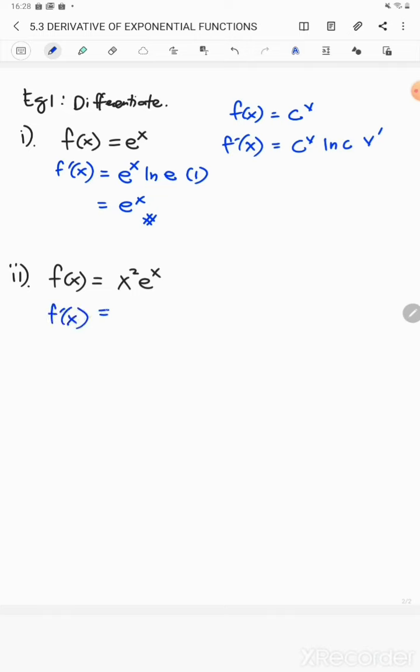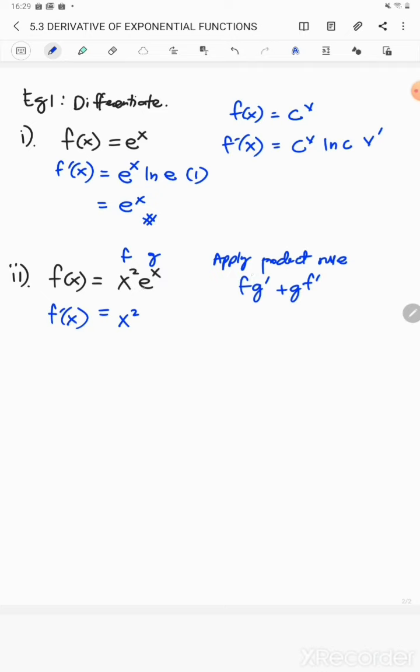f prime x equal to, now you have to apply the product rule, because this is f and this is g. Remember the formula for the product rule is f g prime plus g f prime. So apply to this one, we get f, x square, and then g prime, this e power of x, you have to apply the exponential function formula.